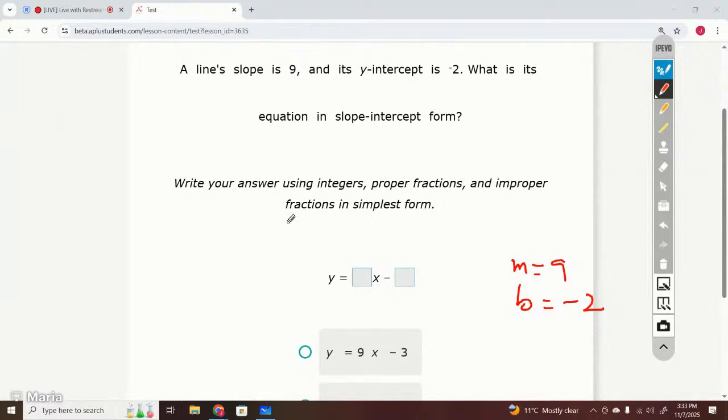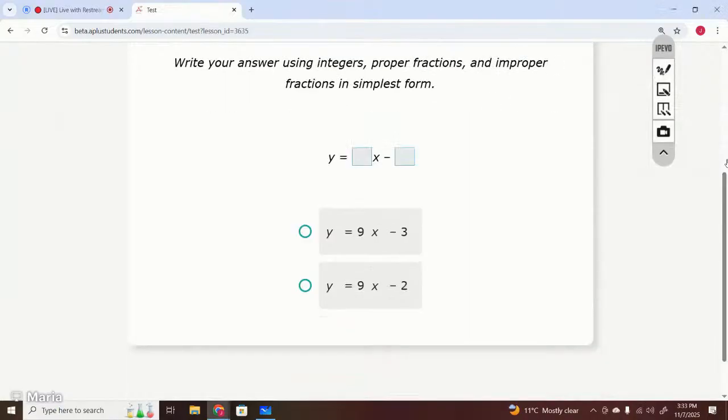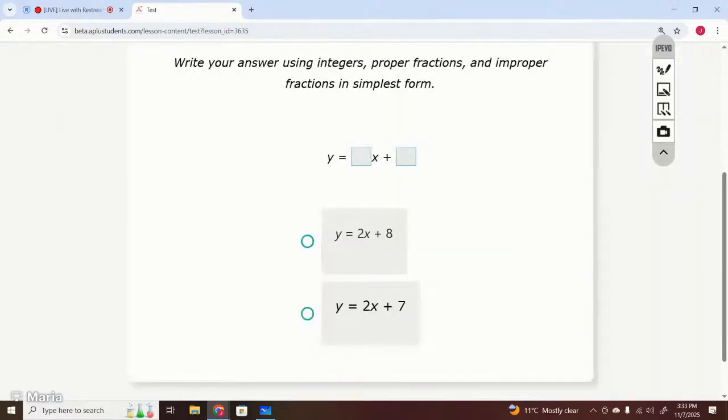The equation is y equals mx plus b. So the line is y equals 9x minus 2. Option number 2 is the correct option.